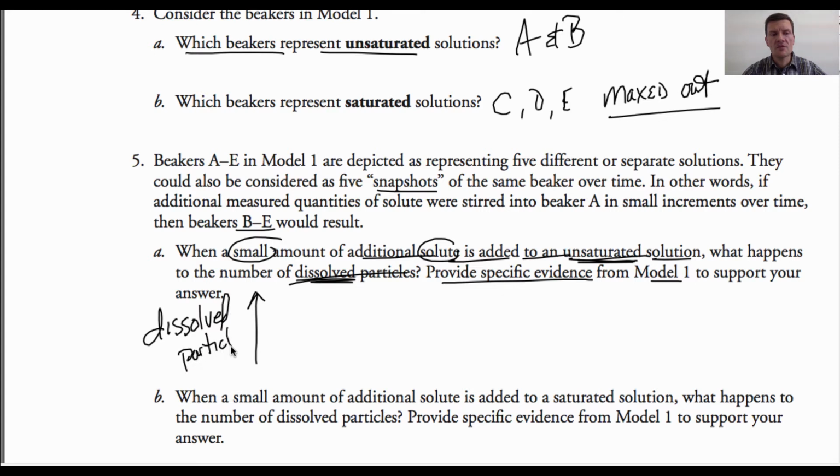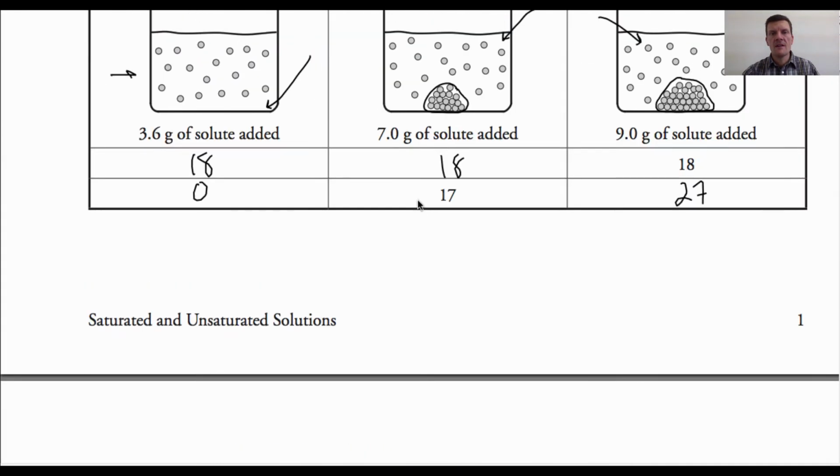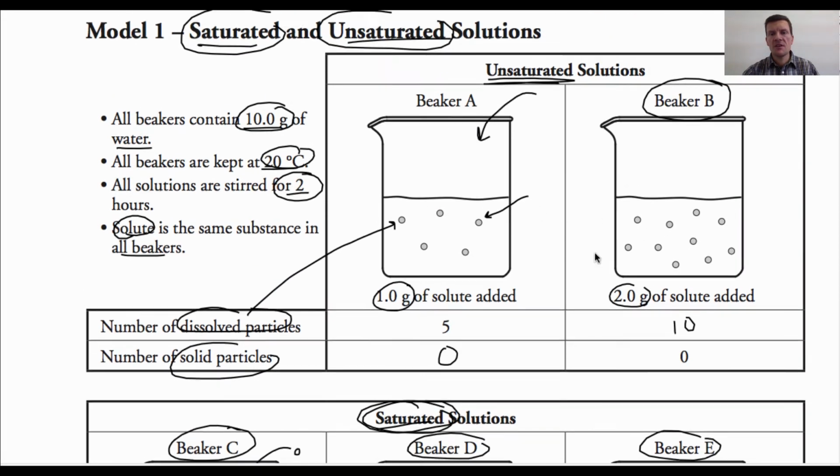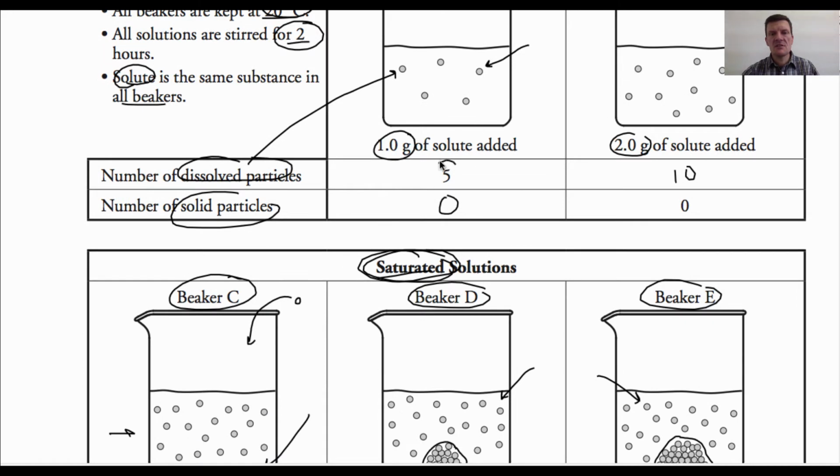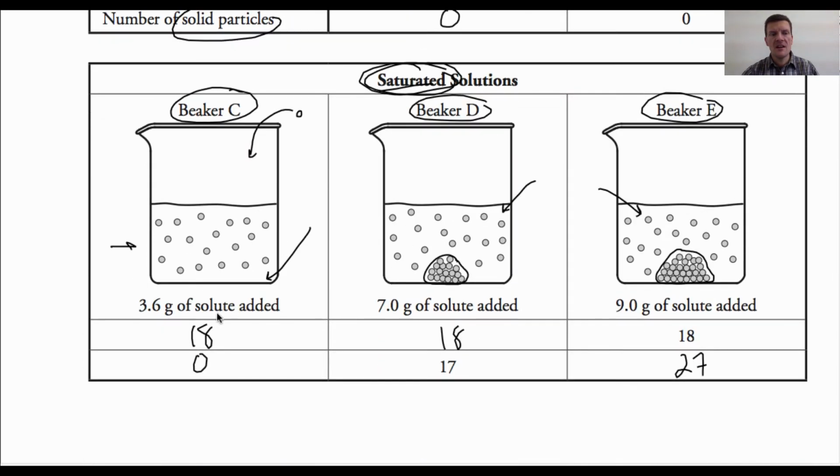You're going to be able to retain more and more particles dissolved in the solution as you add more and more. From A to B to C, you see an increase: 5, 10, and then 18.